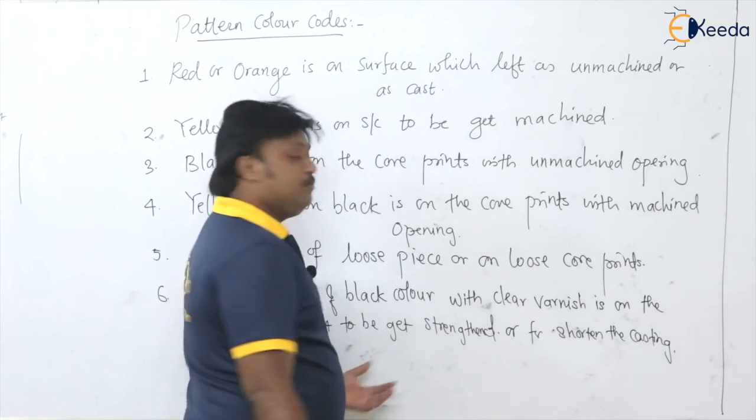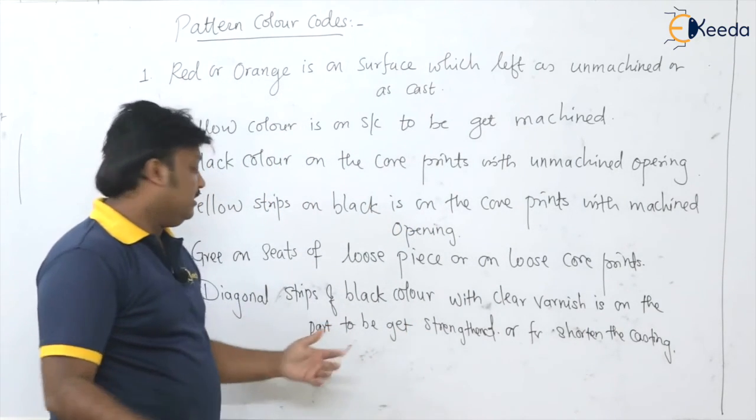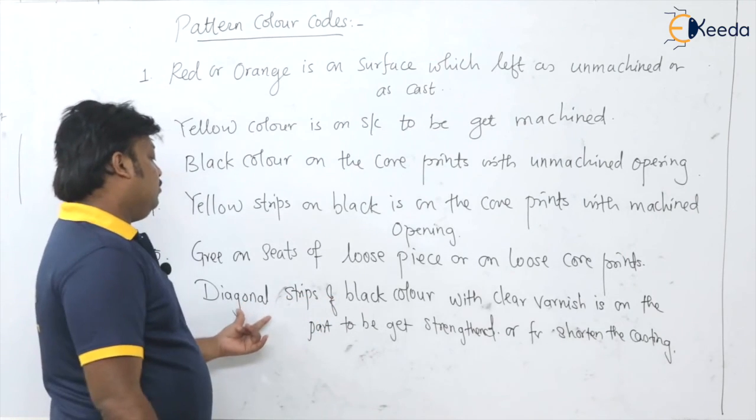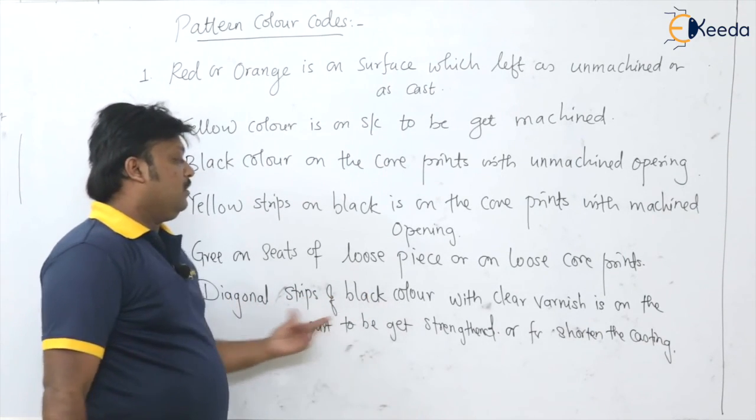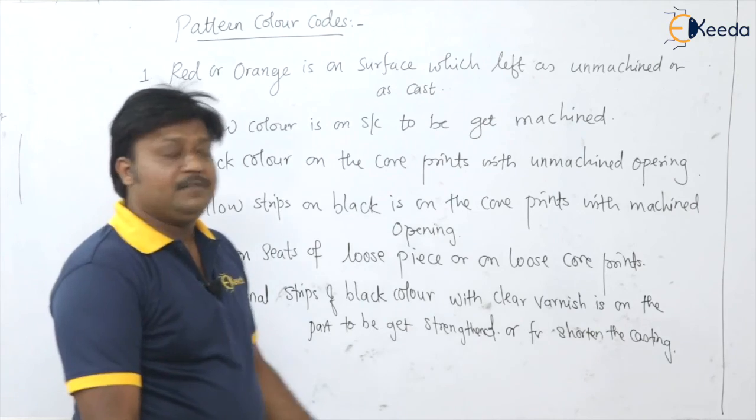So for whichever weak portion or part there is, that should be strengthened. So it is provided with diagonal black strips with a clear varnish on it.